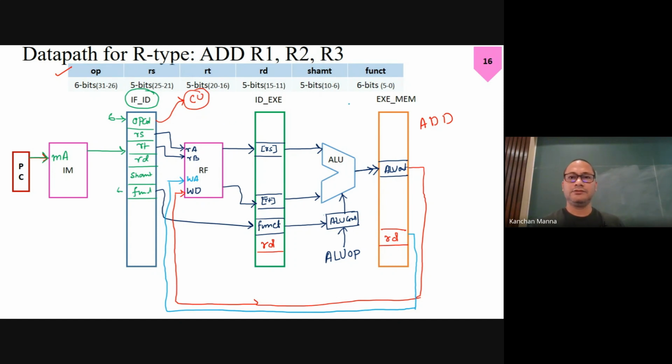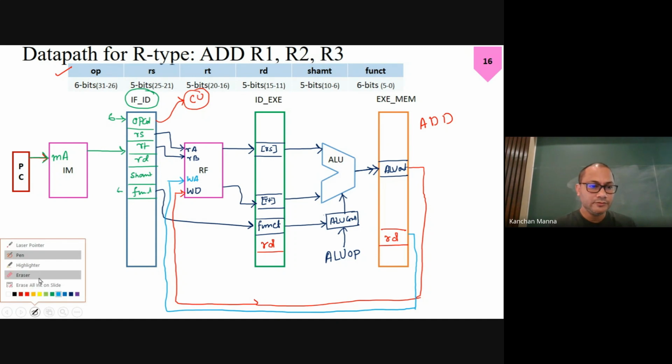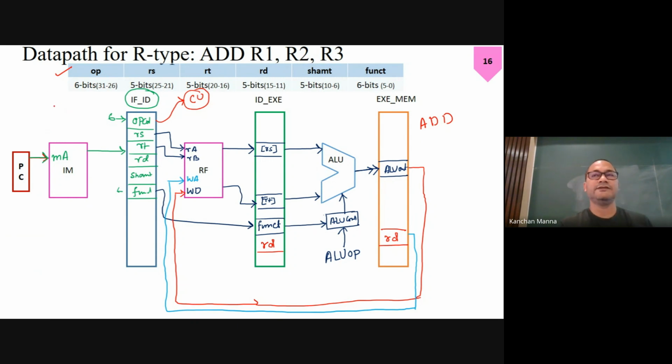Fetch, decode, EX, or here? Why? Because we want to fetch the next instruction, so we have to place that circuitry in the fetch stage itself. So let's say we want to add.